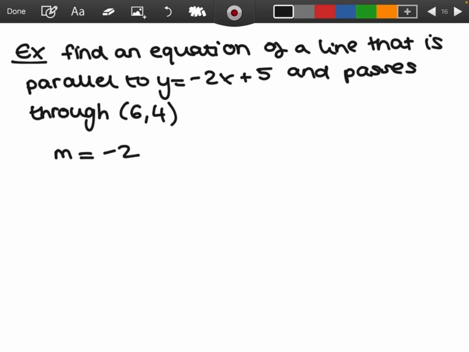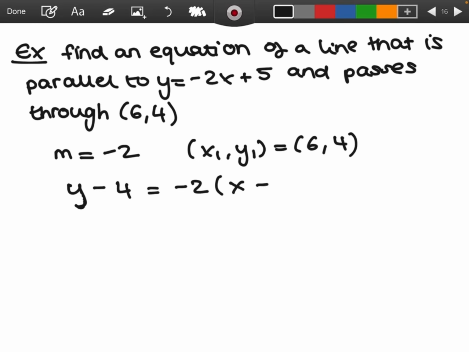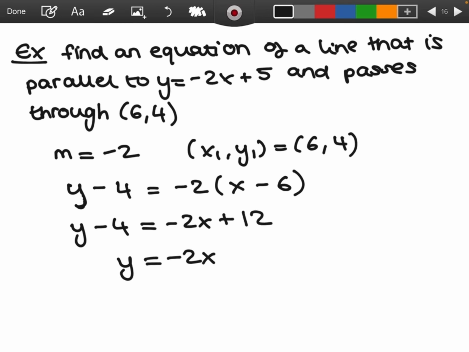I again have the same deal as before, where I look at the point slope equation of the line because I now have the slope and I have a particular point. So I can plug this into my point slope equation of the line again, and I can rearrange to give me this line.